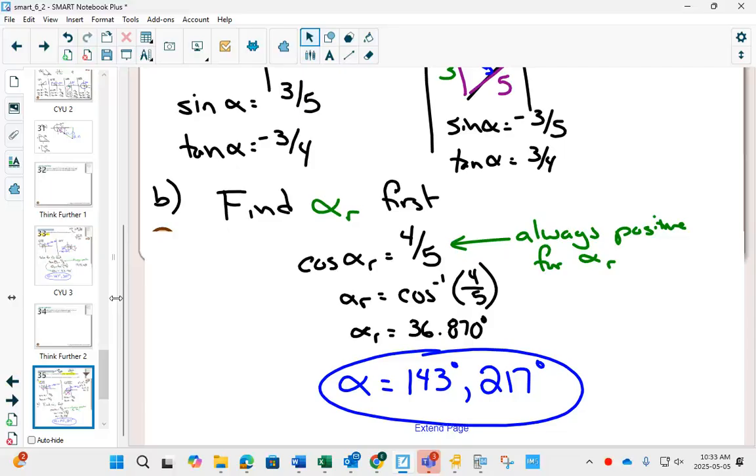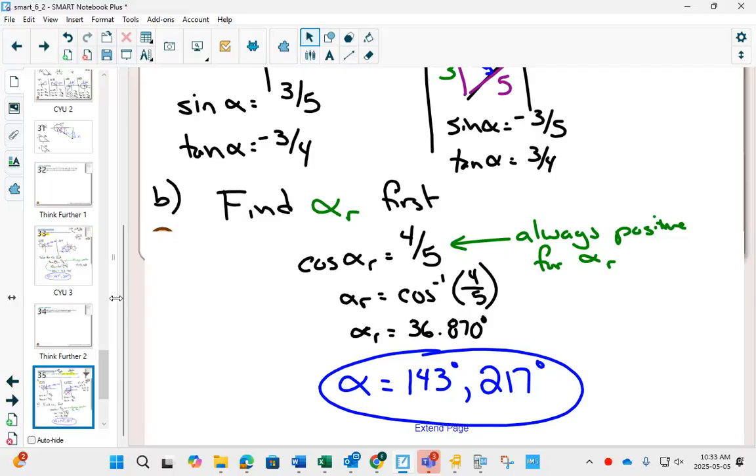So at this moment, ask yourself, am I getting the reference angle idea? Am I getting the cast rule idea? Before you go to the homework in the next 10 minutes, make sure you get to a point where you say, I get this reference angle thing, I get the idea of the cast rule.